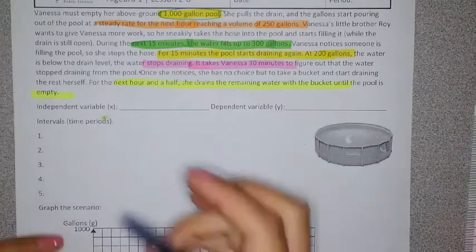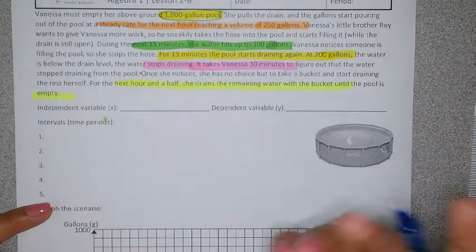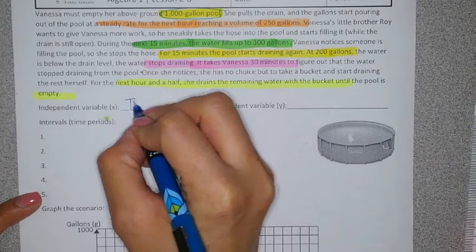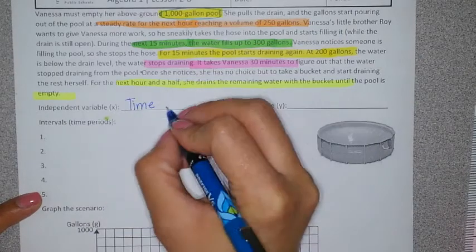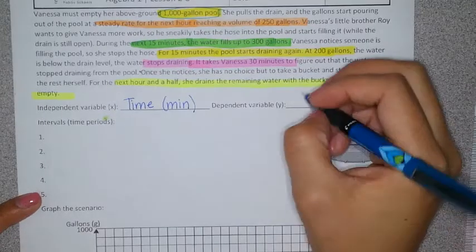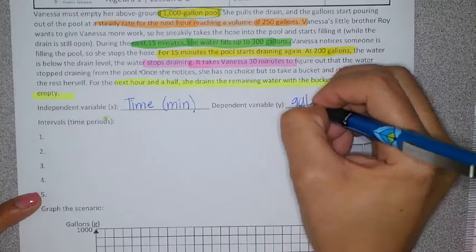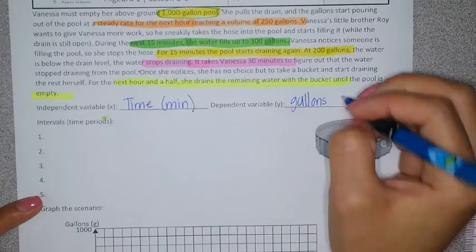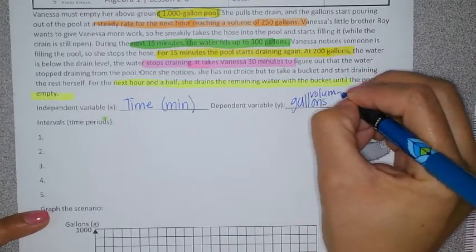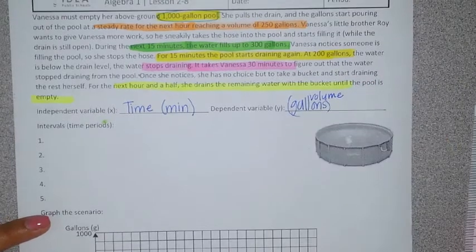In this case, the gallons in the pool depend on the time that goes by. So the independent variable would be time, and this is in minutes. The dependent variable would be gallons of water, so volume. And it's going to be in gallons.